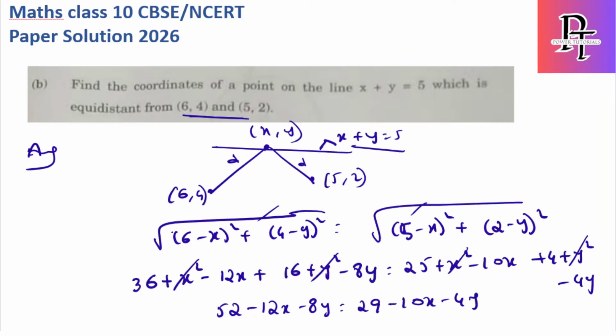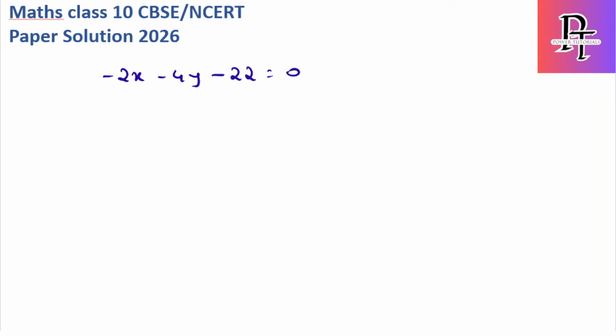Let's cross check again. 52 minus 29. Okay, 52 minus 29 is 33, not 22. So I got the equation as 2x plus 4y is equal to minus 33.